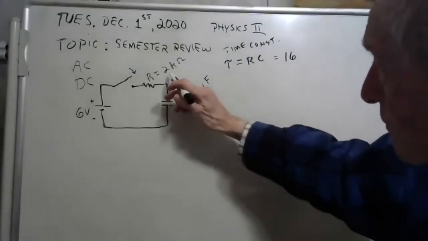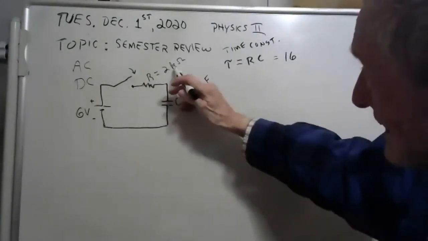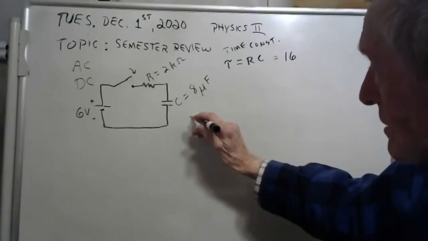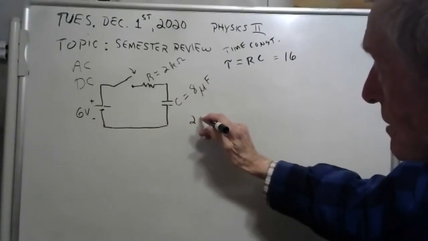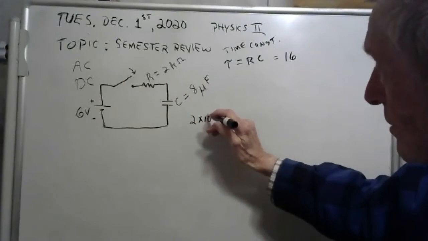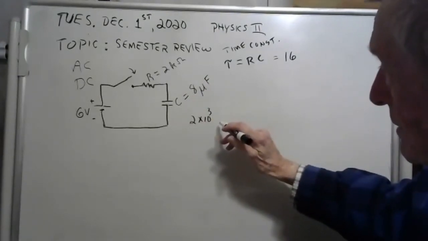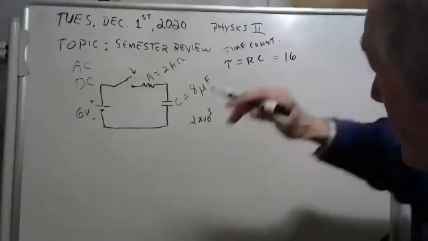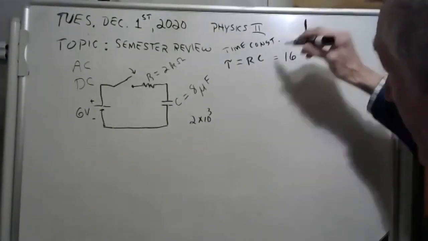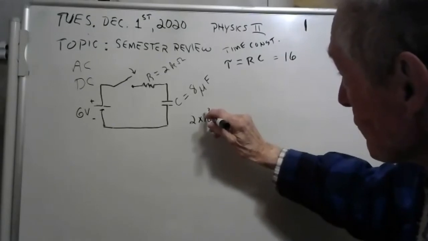Here, let me write it out for you. That's 2 kilo ohms. You know what that is? That's 2 times 10 to the third. And that's 8. I put negative third. You know what? You just got yourself a thank you point. I was wrong. It's negative third.